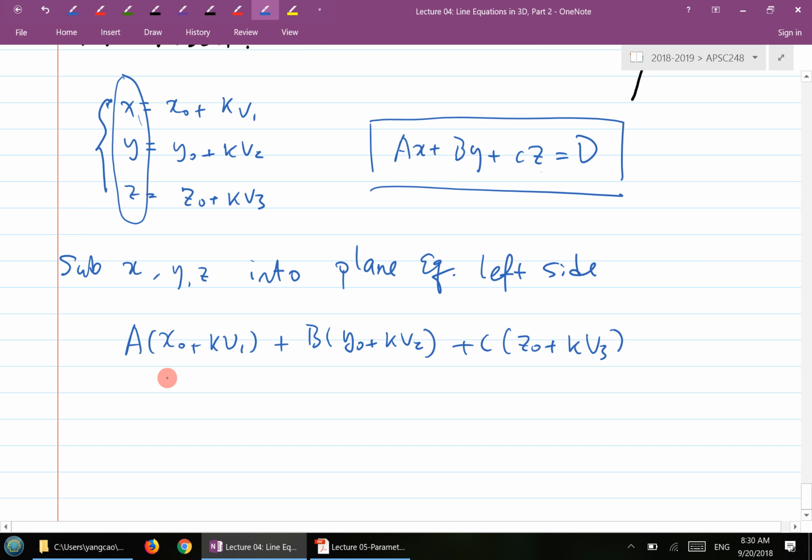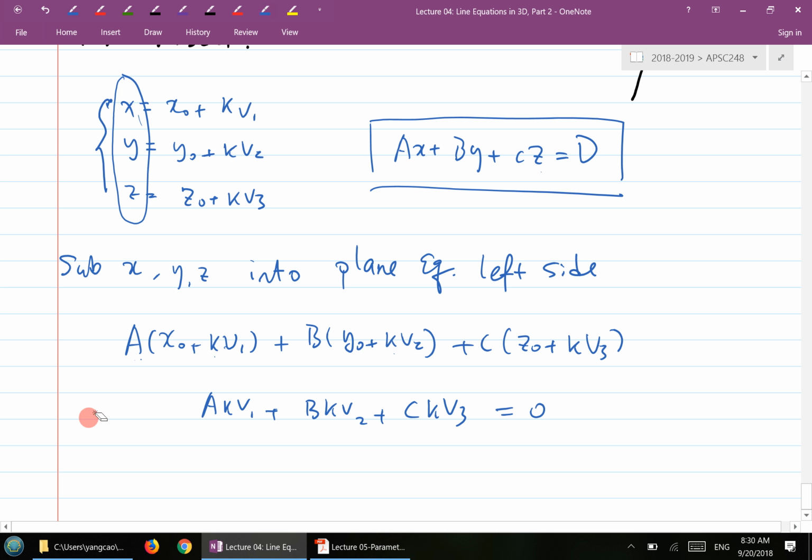One scenario is, even though you have a k here, there's a possibility that when you multiply a into here, b into here, and c into here, these three terms, a kv1, b kv2 and c kv3, could actually cancel each other, so it becomes 0.